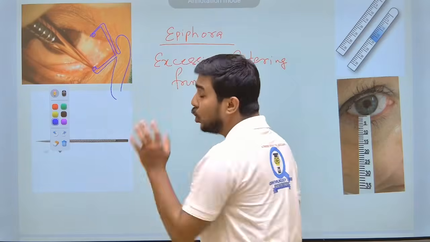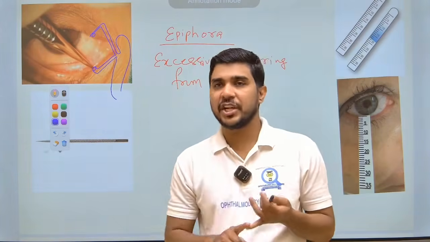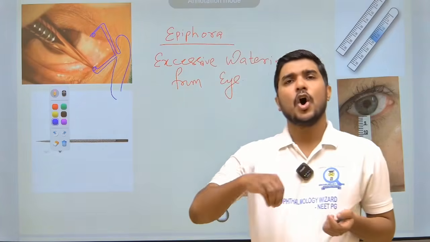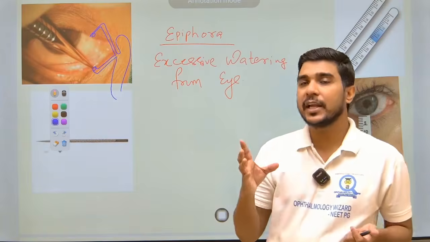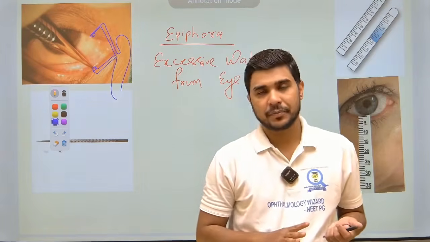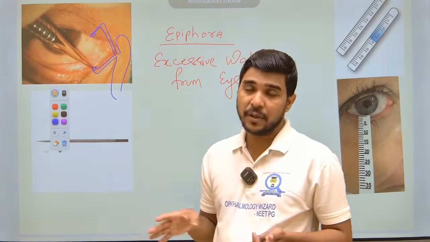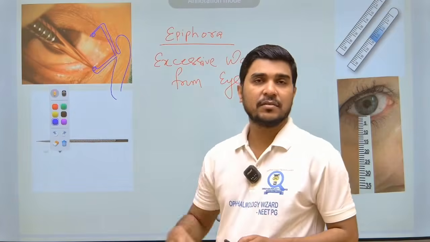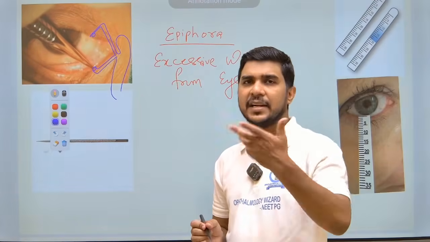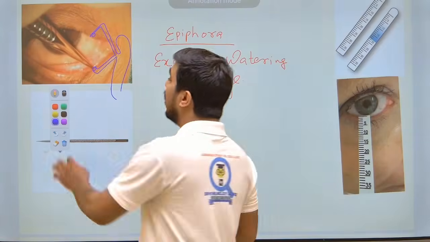So most of the time, most commonly, this puncta gets closed because of infection, because of inflammation or anything else. So the only treatment that we can do, we can open the puncta. So one more important thing, that because of the stenosis of the puncta, if epiphora is happening, we can simply dilate this. So to dilate the puncta, we need this instrument.